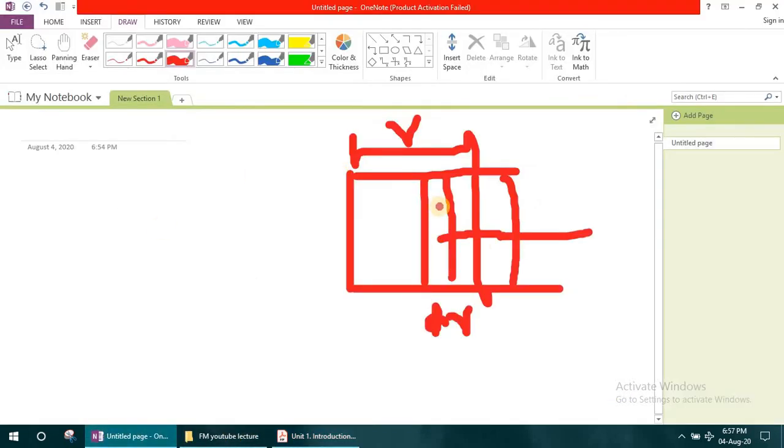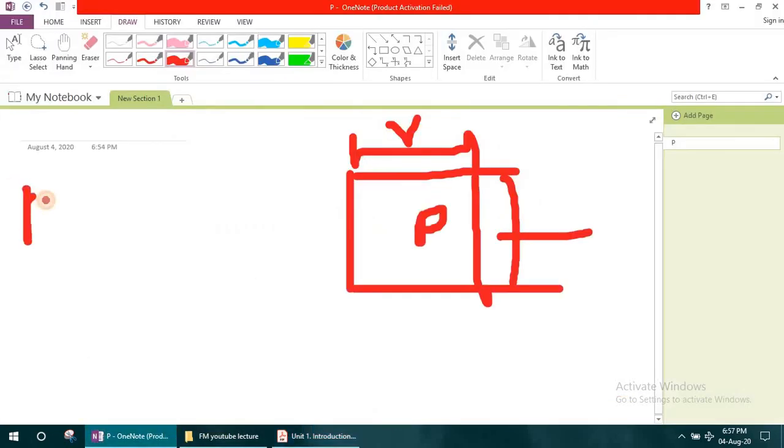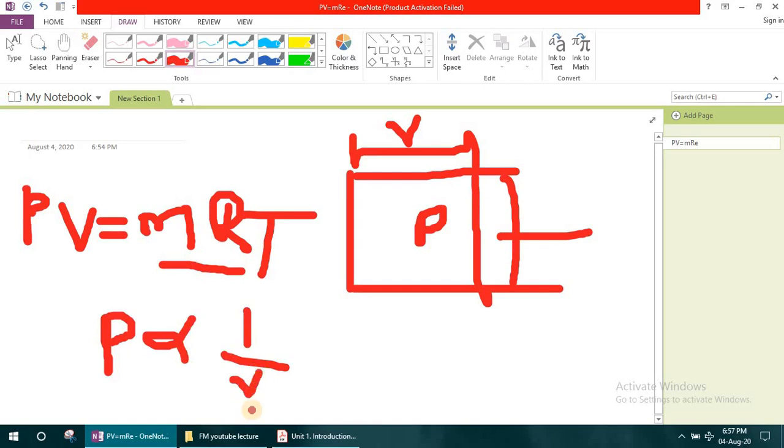Initially, when the piston is not moving inside, whatever may be the pressure of gases, it is represented by P. Then let the pressure be increased to P plus dP, and the volume decreases from V to V minus dV, because we know that there is a relationship PV equals mRT. If m, R, T are constant, then we know that P is directly proportional to 1 upon V. It means if the pressure increases, the volume decreases, and vice versa.